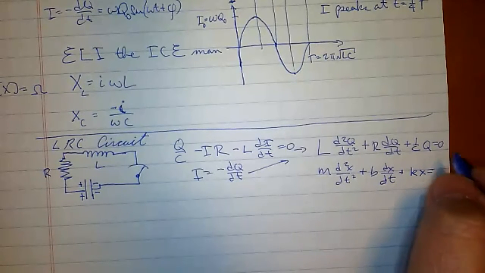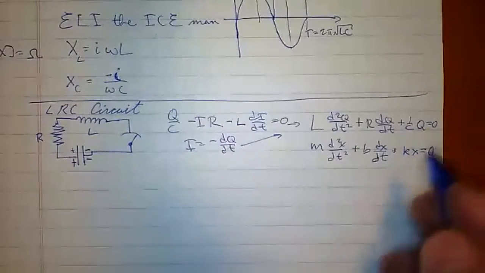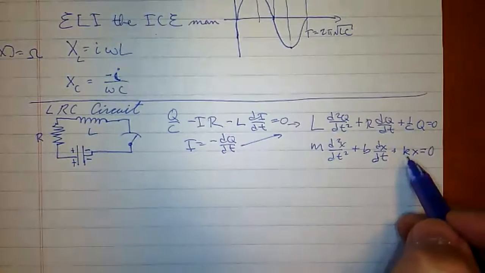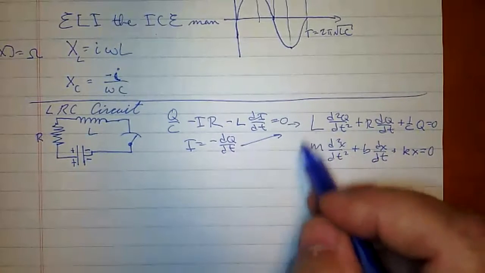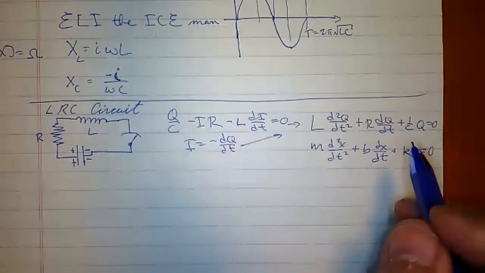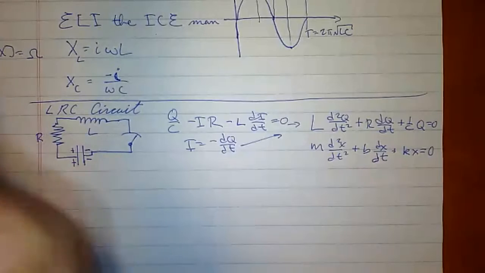Newton's nemesis, Hooke's law, sorry. Okay. Drew a blank there for a second. So you can see it's the exact same equation. The only thing that's happened is we're replacing the K with a 1 over C, a B with an R, and an M with an L. So it turns out all that solution is just a normal rigmarole.